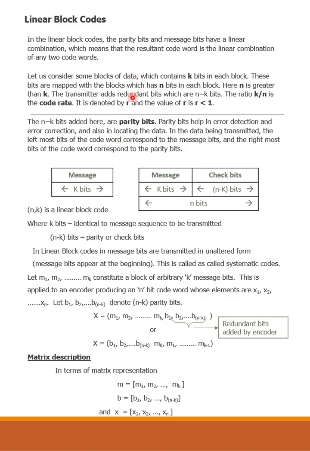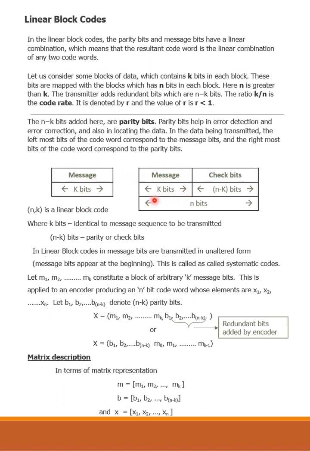Linear block code, if we generalize, in the linear block codes, the parity bits and message bits have a linear combination, which means that the resultant code word is a linear combination of any two code words. Let us consider some blocks of data which contain k bits. Suppose this is the message, which contains k bits.